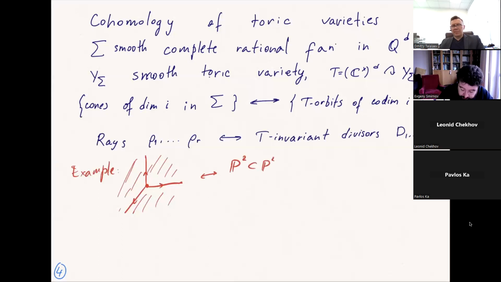And I act by T1, T2 on homogeneous coordinates.